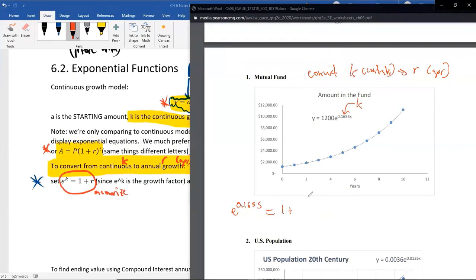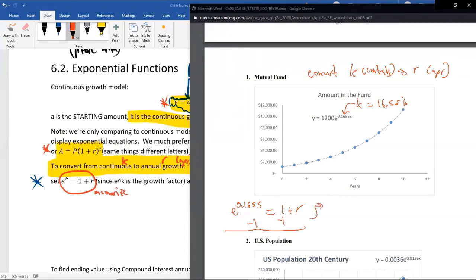You don't. That's the unknown. That's what we're converting to. If k says 0.1655, that means it's 16.55%. But this e with that exponent, that's the actual growth factor, and to convert it to an annual rate, all we do is set it equal to 1 plus r. How do we do that? We subtract 1 on both sides.